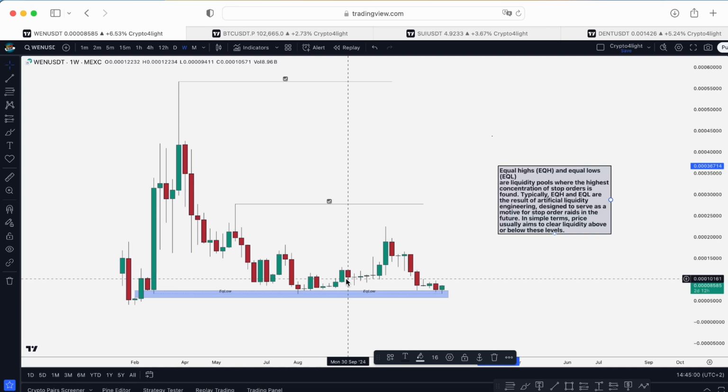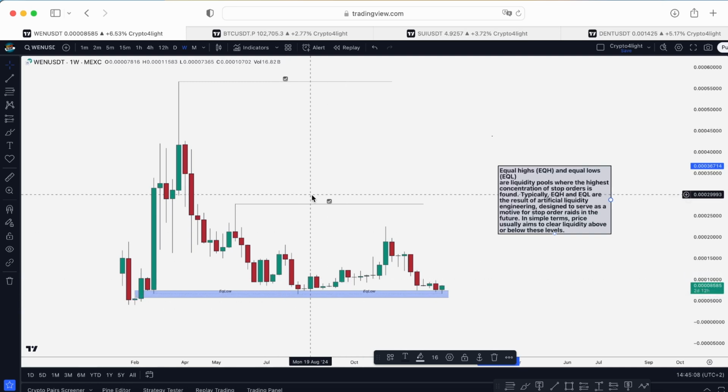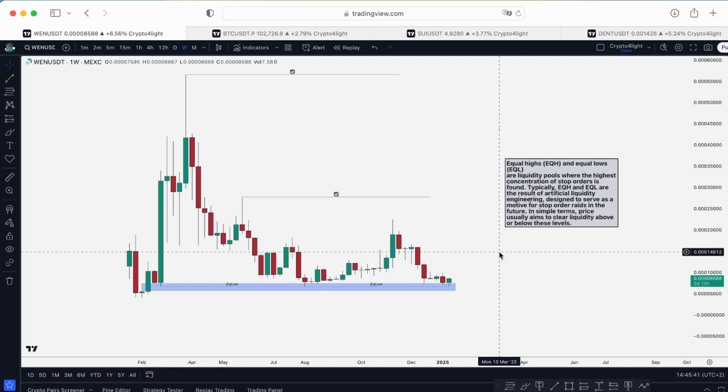Crypto has existed only 15 years, and I already explained to you, it's impossible to trade all of those coins every single day without a weekend, even on 10-second time frames, manually by the hands of traders around the world. All these levels are designed to serve as motive for stop order raids in the future.